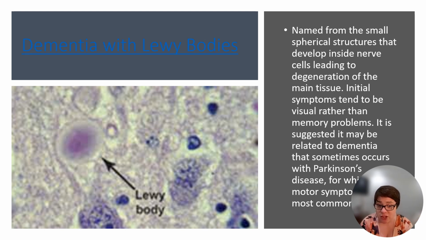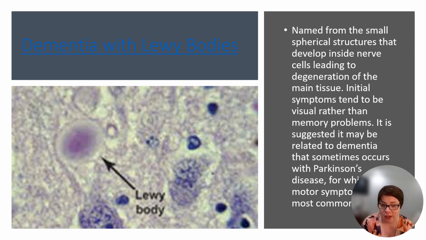So initial symptoms tend to be visual or vision loss as opposed to memory problems. And it's been suggested that it may be related to dementia that sometimes occurs with Parkinson's disease. So again, it also includes disruption of motor symptoms.